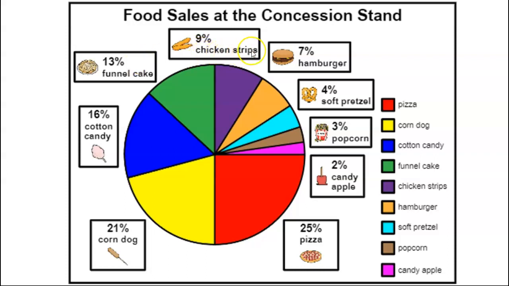Okay, we have chicken strips. Chicken strips is shown in this purple slice of our pie chart. It's showing us that 9% of sales are chicken strips. Hamburgers are shown in the orange slice, and they are 7% of sales.